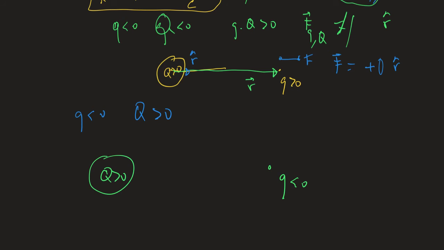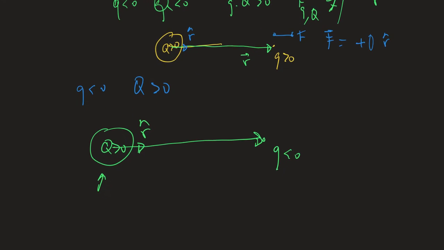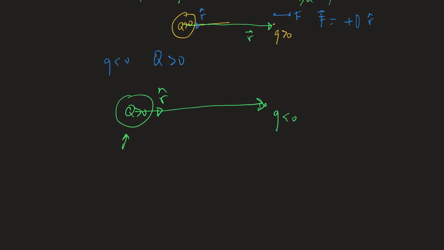The R will be the same R as always, from the source, from capital Q. The unitary vector r with the cap will be like this. Now I follow my equation.